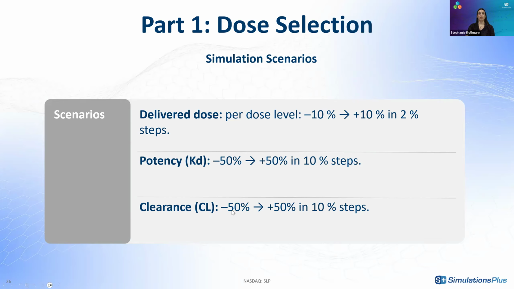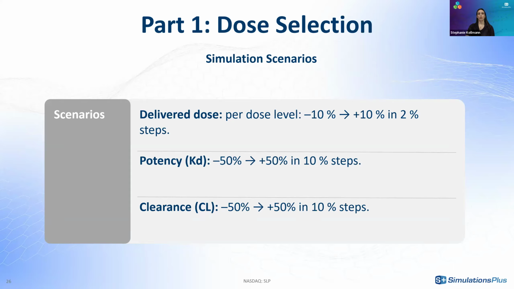Then we explored two additional parameters, potency here along the KD parameter, and clearance. But these were also varied separately, not at the same time. So when we varied, for instance, KD, clearance and delivered dose stayed the same, and vice versa.